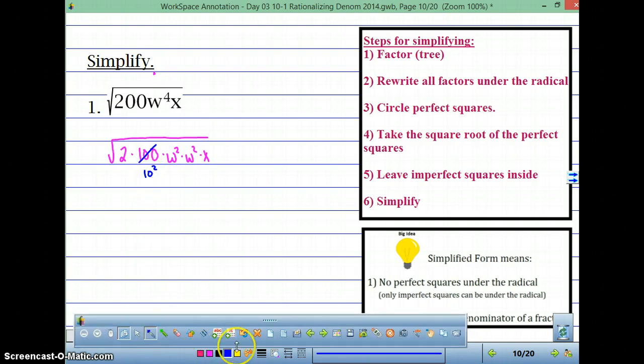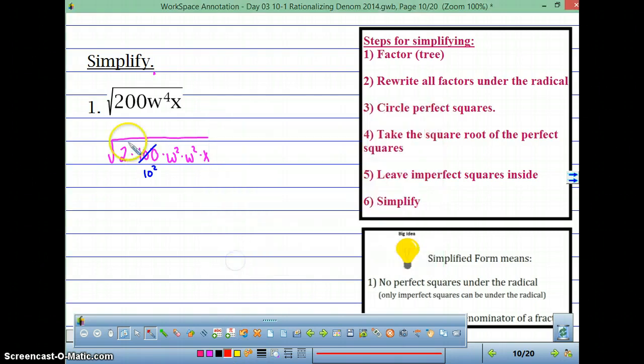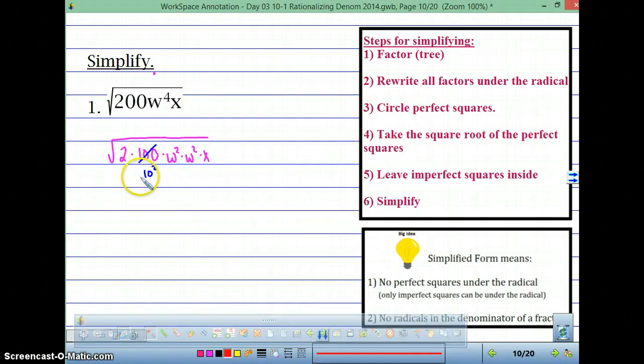Now, let me see if I can find a good color here. A bright red. I'm going to take all the perfect squares that I see out. Here's 1. Good. Here's 2. Here's 3. Okay.